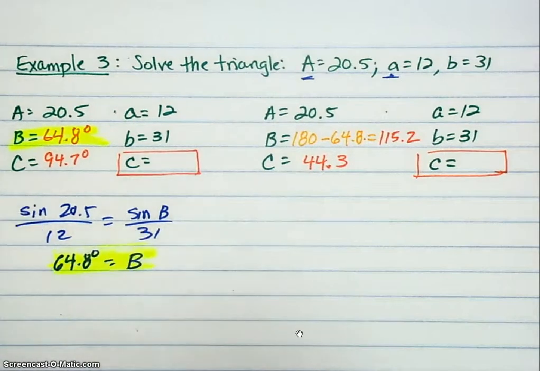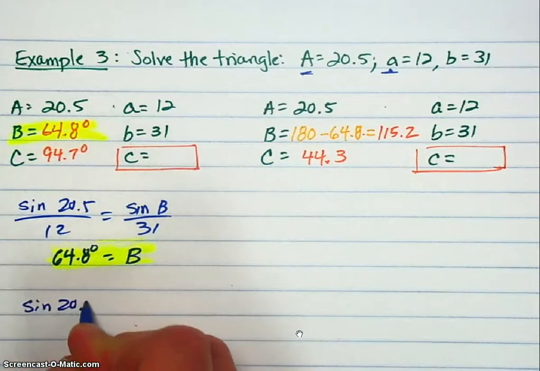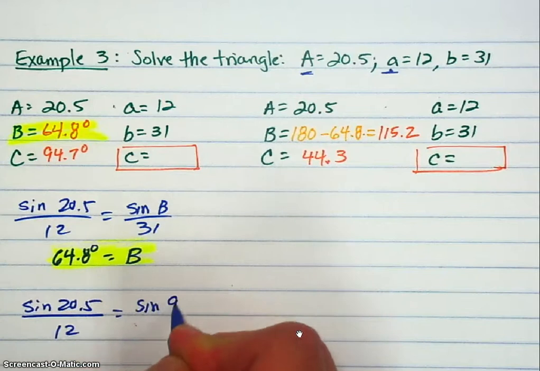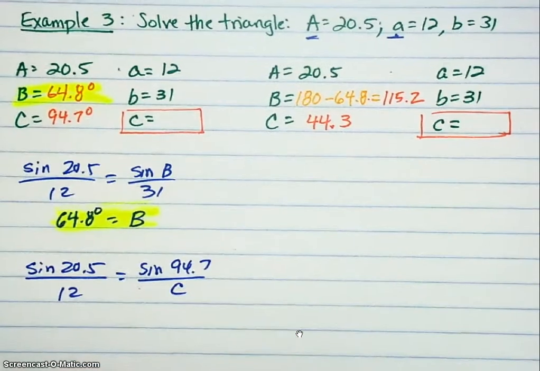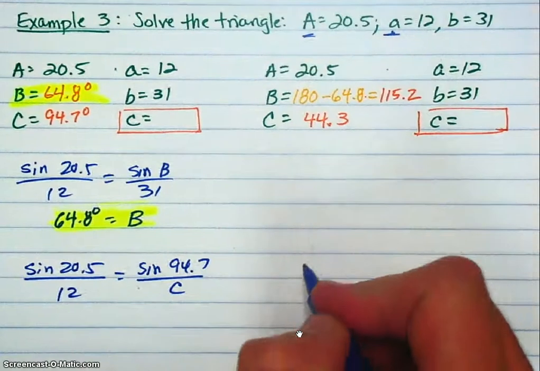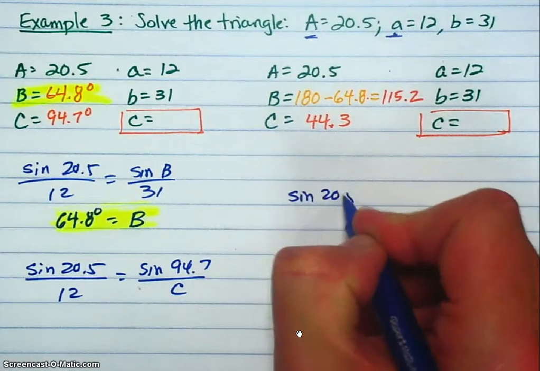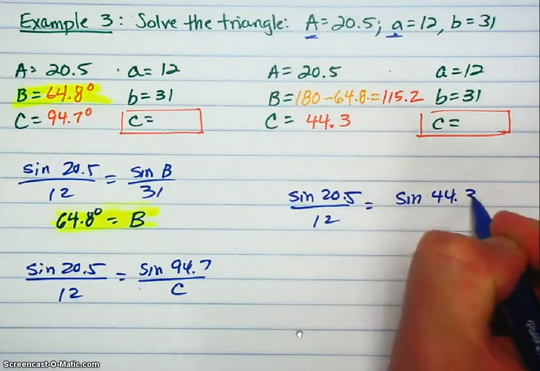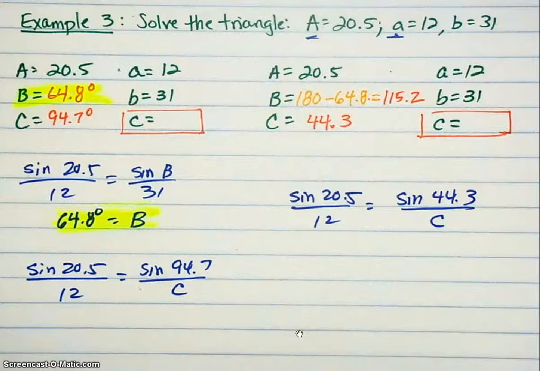So, in the first triangle here, we could just set this up again. Sine of 20.5 over 12 equals sine of 94.7 over C, and you'll solve that. And then we could come over here, and we would say, sine of 20.5 over 12 equals the sine of 44.3 over C, and we would solve that for C. And that would get you your two answers there.